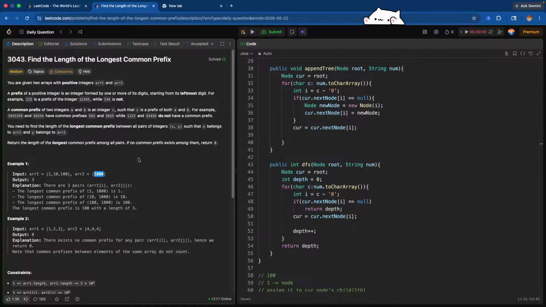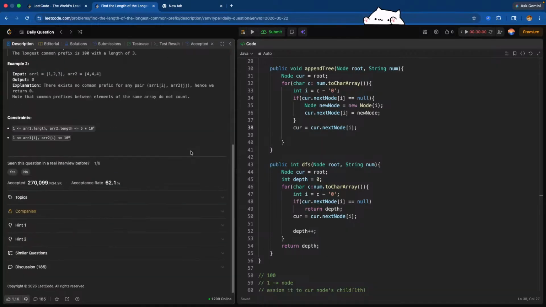Otherwise, comparing 100 or 10 with 1000, 1001, 1002, we are doing the comparison between that initial 100 and the 10 multiple times. We have cut that down.